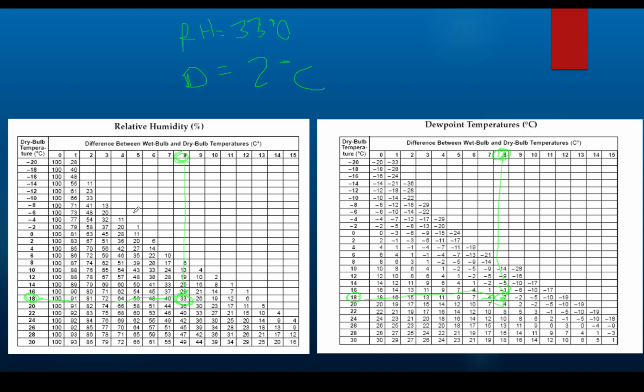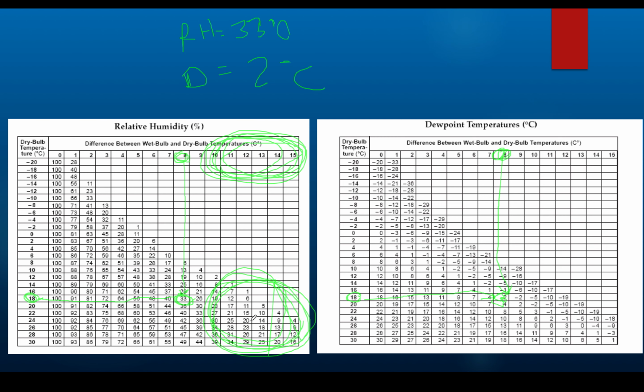Now, if we were to compare number 1 to the last 2 questions, what we can see is the larger the difference, if we're going 10, 12, 13, 15 degrees between the two, the smaller and the lower the humidity is.